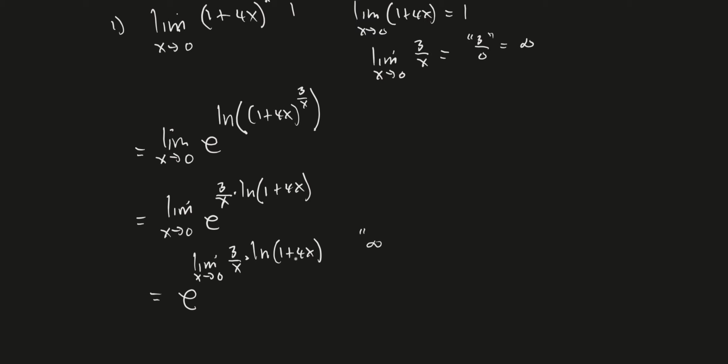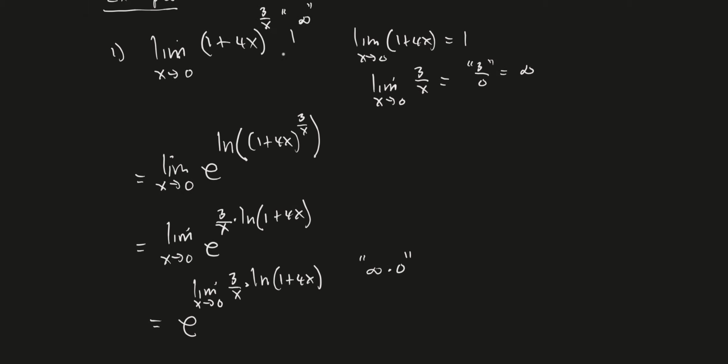Because the inner part approaches 1. The natural log of 1 is 0. So it approaches 0, right? So we've actually converted this 1 to the infinity form to now an infinity times 0 form.